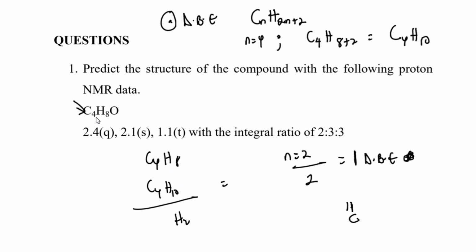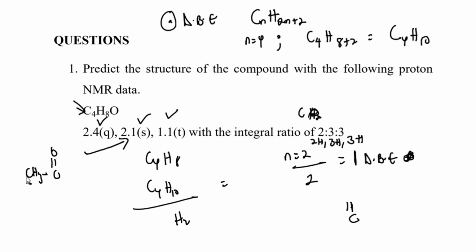So we have this to be C4 and this, and let's look at the spectral value. These are the spectral values. So these are the integral values, number of hydrogens. We can say we have 2 hydrogens for now, or let's put it this way: 2 hydrogens, 3 hydrogens, and 3 hydrogens. So looking at this, we can identify this naturally from the chemical shift table to be this, right?